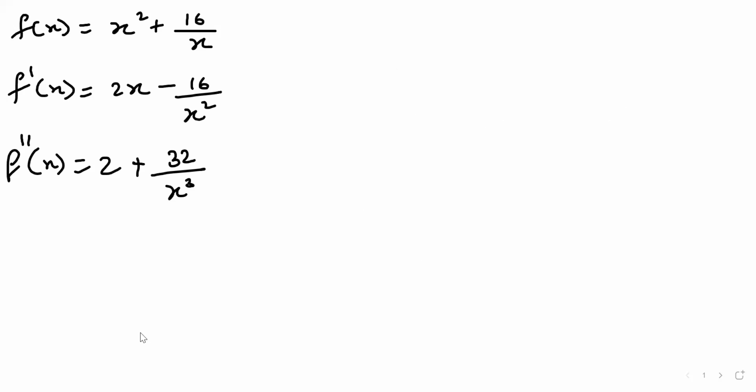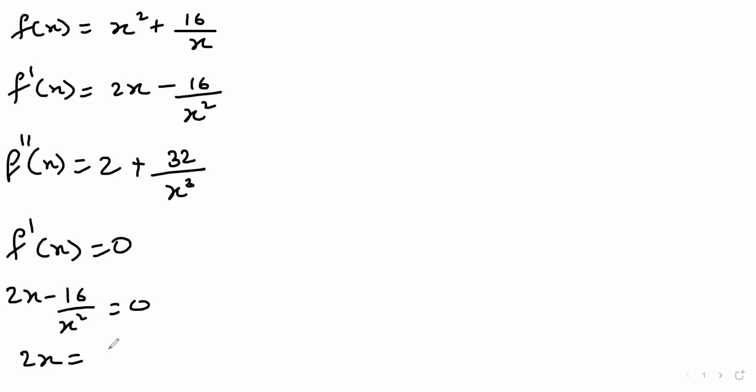So I'll put f dash of x as 0. So 2x is equal to 16 upon x square. This is x cube is 16 by 2, that is 8. So x will become 2.